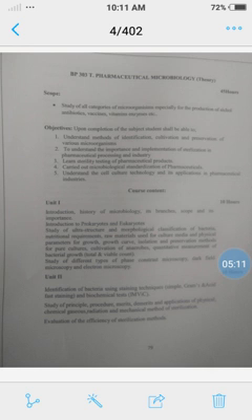Then third, to learn the sterility testing of pharmaceutical products. As I said earlier, sterile means free from all types of microorganisms. This is the main objective of your microbiology, to learn the sterility testing of pharmaceutical products.